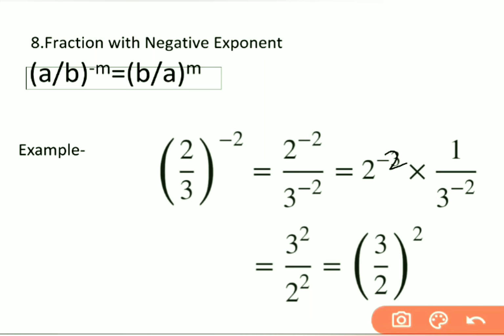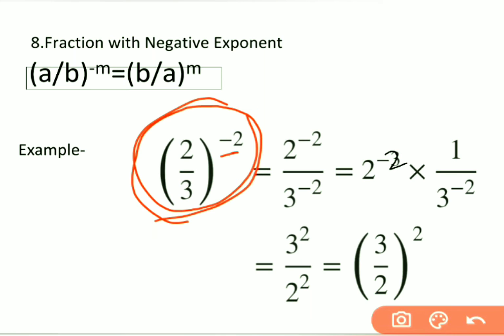So take an example, 2 upon 3 raised to the whole power minus 2. The power is divided in numerator and denominator, and this becomes 2 raised to the power minus 2 upon 3 raised to the power minus 2.